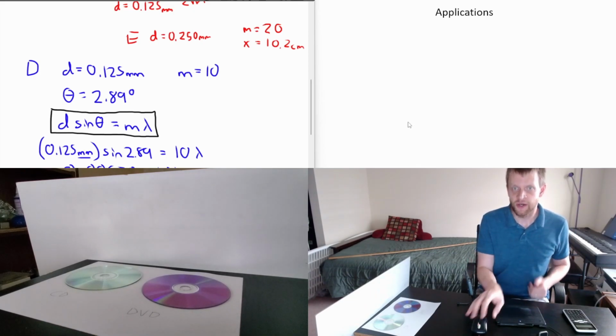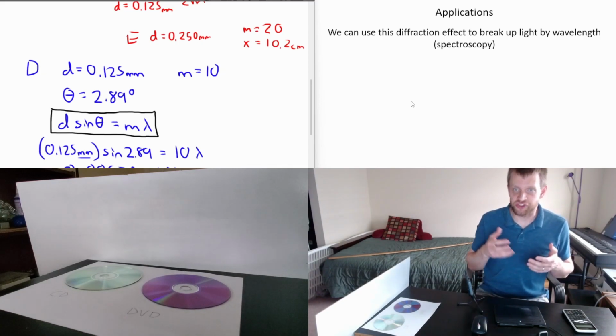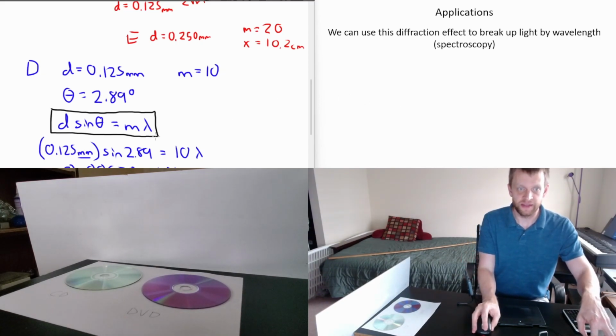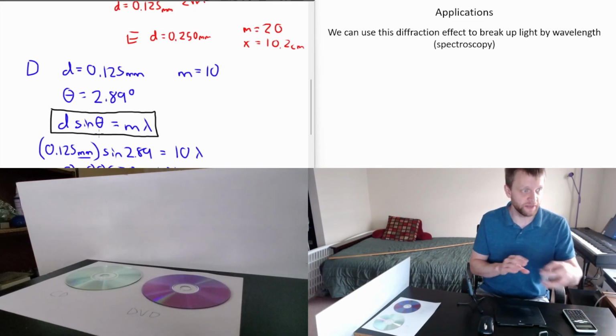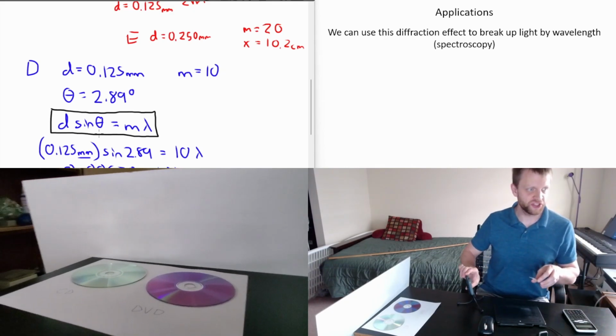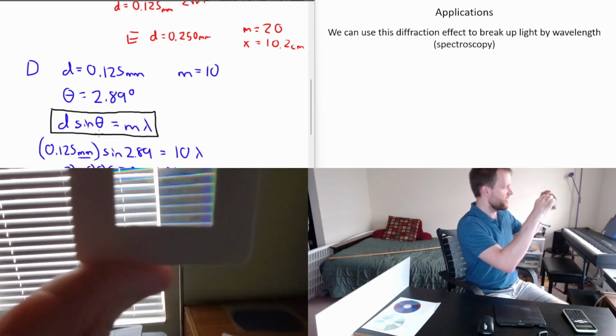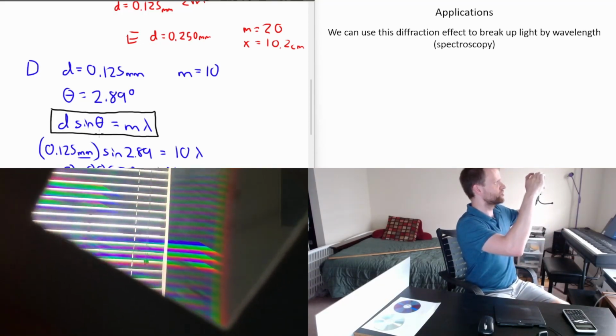So to finish this off, let's talk about some practical applications of this wave model of light. We can use this diffraction effect to break up light by wavelength. With this equation, if I have different wavelengths of light and the same diffraction grating, they'll be dispersed by different amounts. So, for example, let's say I take my camera and aim it through this diffraction grating.